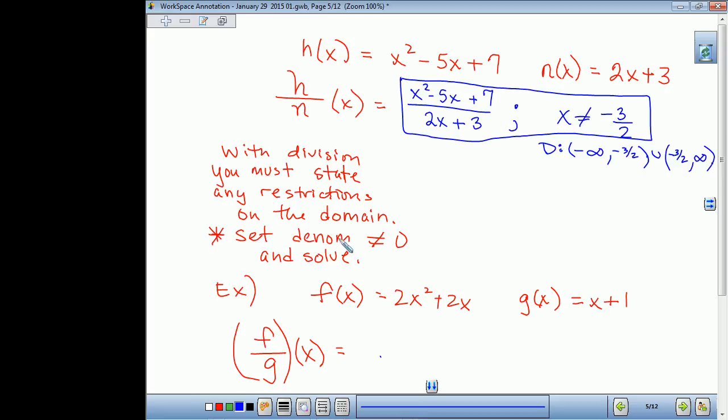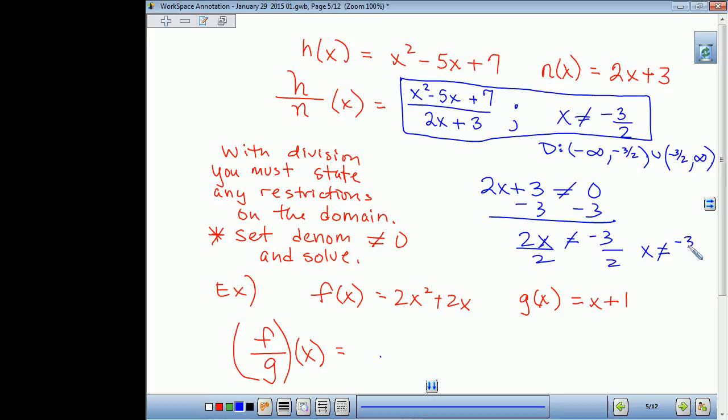If you set the denominator not equal to 0 and then solve, that gives you your restriction. So if I had set this denominator not equal to 0, because it can't be 0, and solved, you see that's where the negative 3 halves came from. So x cannot be negative 3 halves.